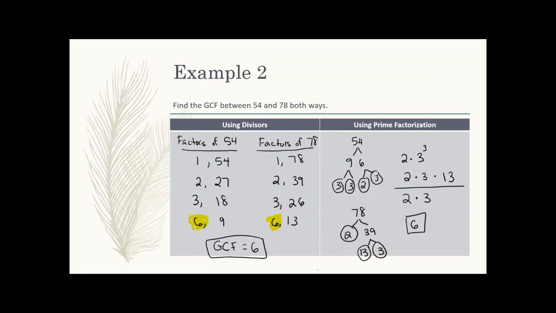Which one do you think is easier or makes more sense? You can go ahead and type it in the chat box.